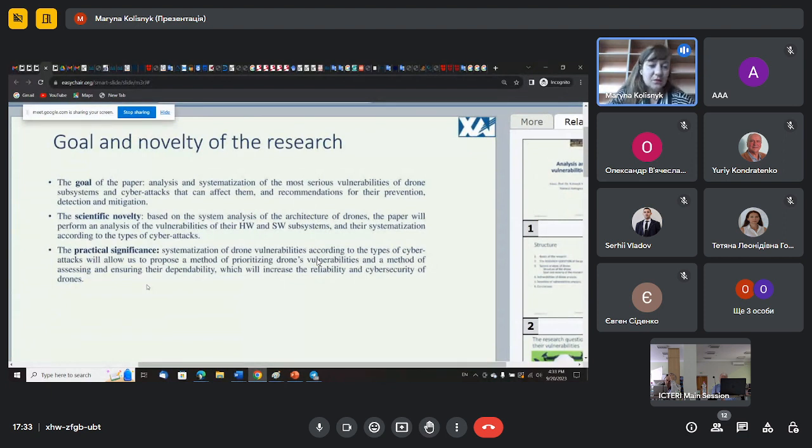The practical significance of this systematization of drone vulnerabilities according to the types of cyber attacks will allow us to propose a method of prioritizing drone vulnerabilities, a method of assessing and ensuring their dependability, which will increase reliability, dependability, and cybersecurity of drones.